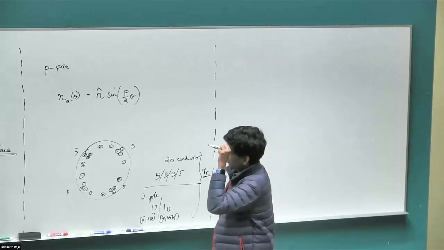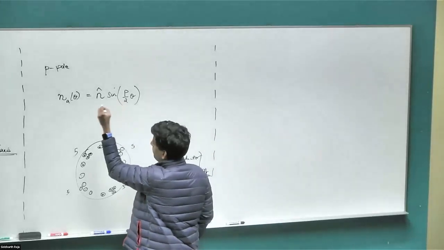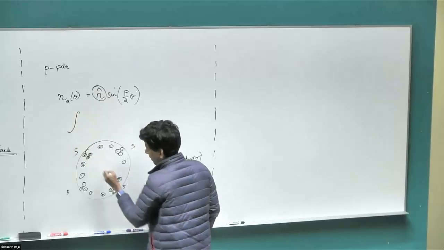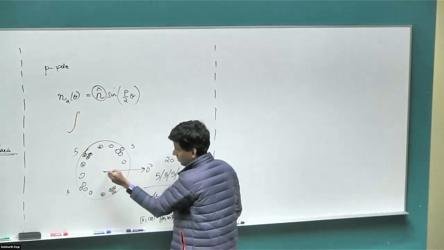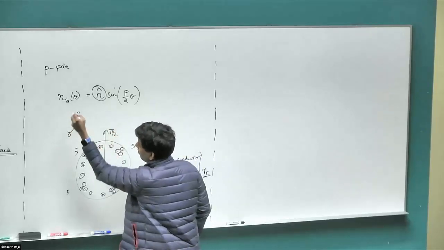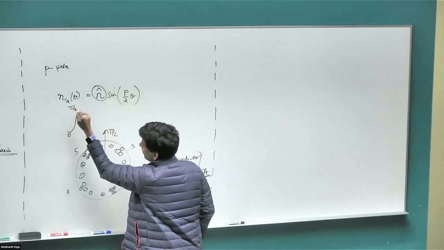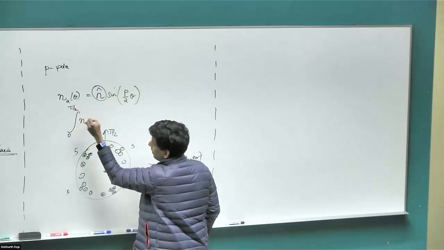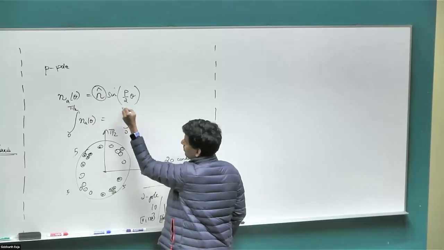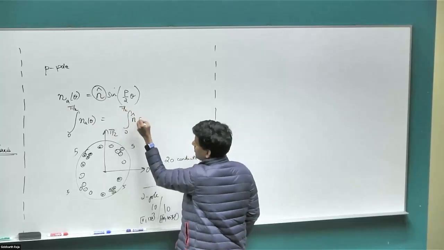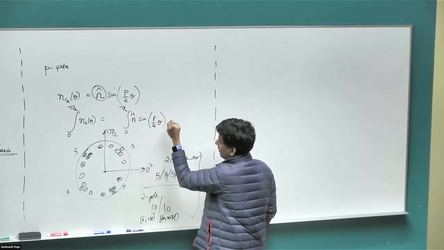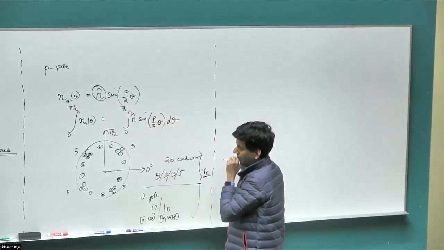Okay, so let's try to figure out what this N peak is going to be. If I integrate from 0 to pi by 2, Na of theta is the same as the integral from 0 to pi by 2 of some N peak times sine of P by 2 times theta d theta.